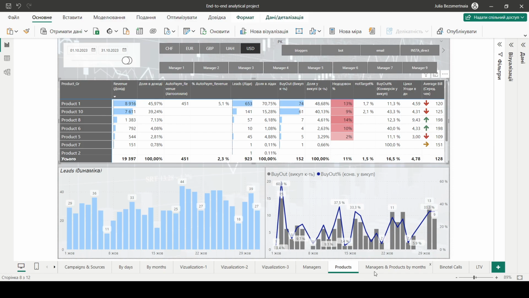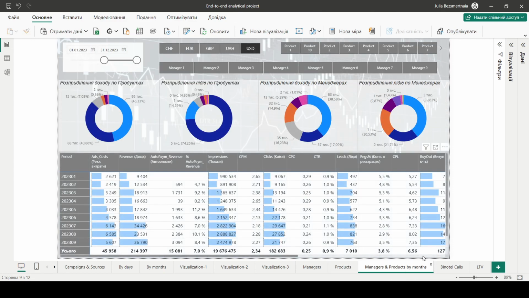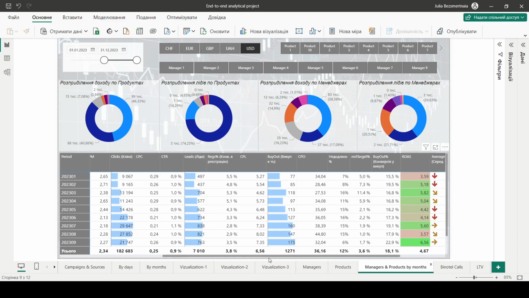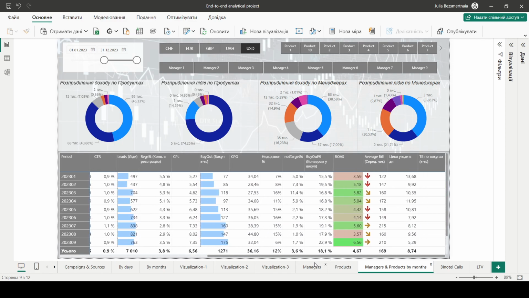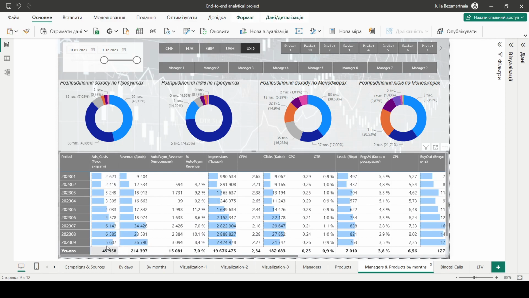Next page is managers and products by months. Another time period, but indicators are the same. And also we have some additional diagrams with distribution of revenue and leads by products and by managers.